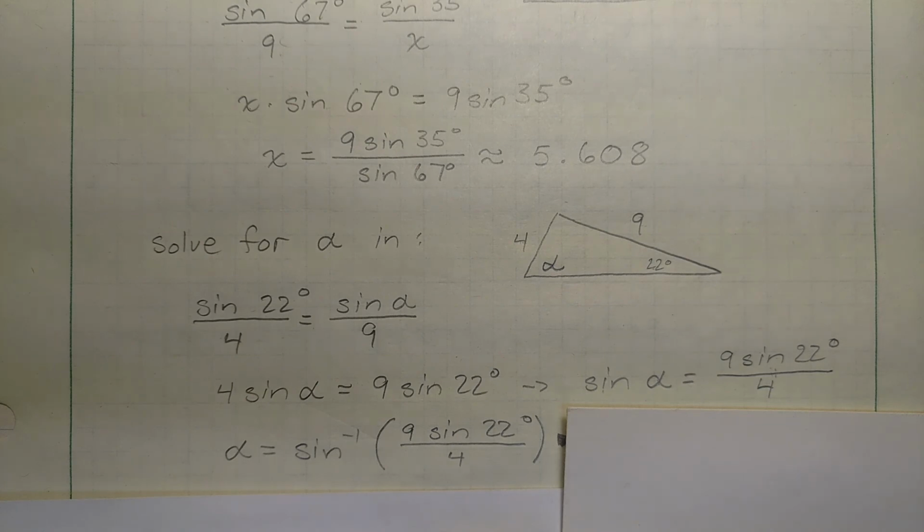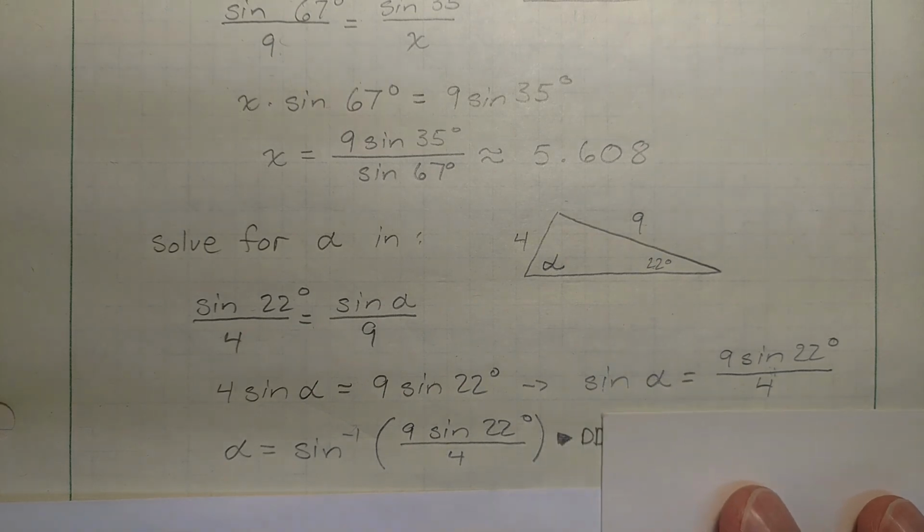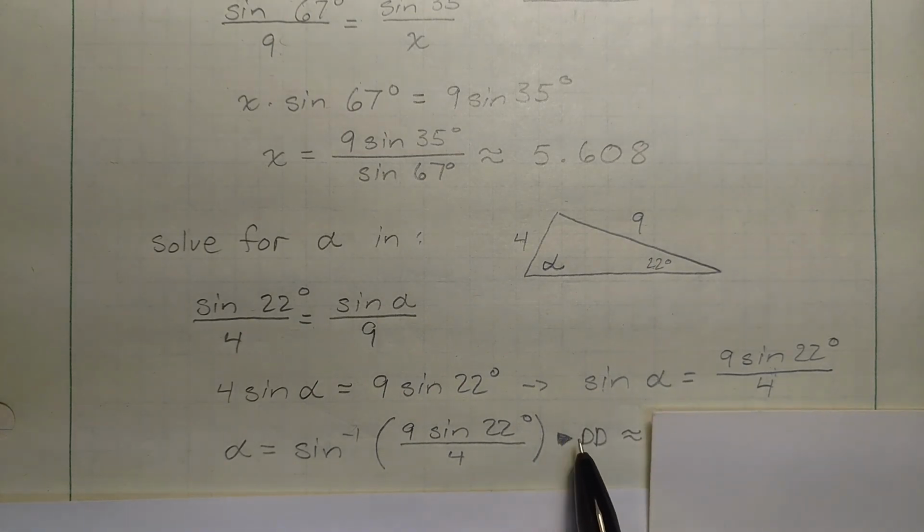Once again, this is just simply entering in your calculator. Type in inverse sine, and inside inverse sine, you put in this fraction. Let your calculator do the work. If you are in degrees, you can just go ahead and enter it. You don't need a degree symbol, and it will give you the correct answer. If you are in radians, you must put in the degree symbol, and then at the end you have to put in the arrow DD to tell it to give you an answer in degrees.